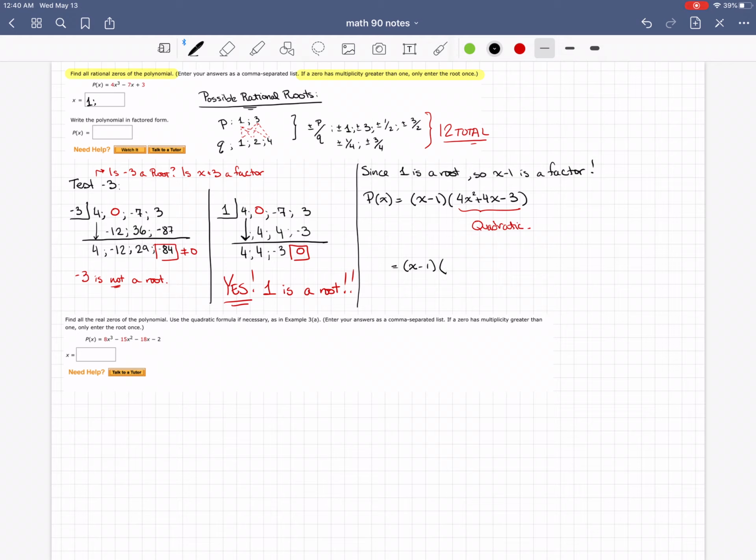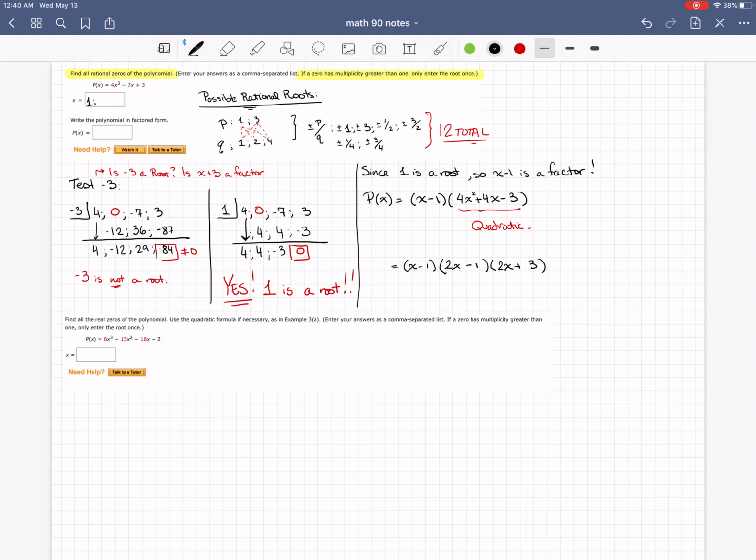So I will let you play around with how exactly you work with this quadratic yourself, but I will give you the factored form. So we have 2x minus 1 times 2x plus 3.